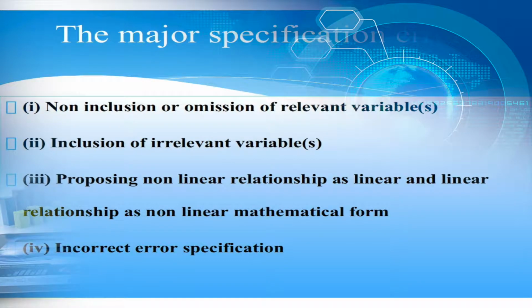The major specification errors that commonly occur in an econometric model are non-inclusion or omission of relevant variables, inclusion of irrelevant variables, proposing nonlinear relationships in the case of linear models, proposing linear relationships as nonlinear mathematical forms. Finally, incorrect error specification is also a major specification problem.